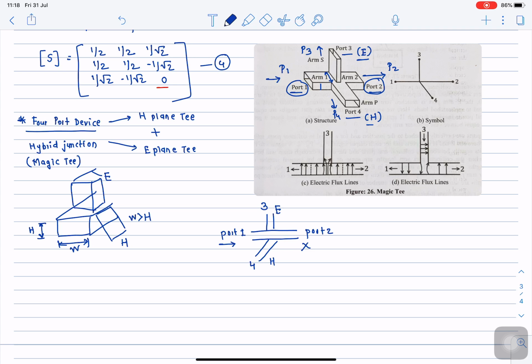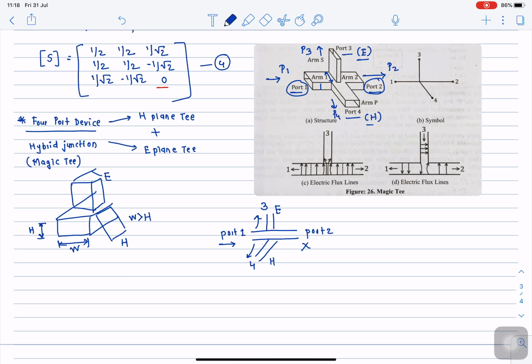Okay, so let us see how this is. Normally, in reality, the power flows from one collinear port and does not reach the second collinear port, and also not from one side arm port to the other side arm port. In reality, none of the power flows from one collinear port to another collinear port.